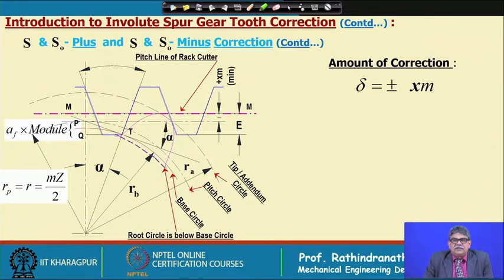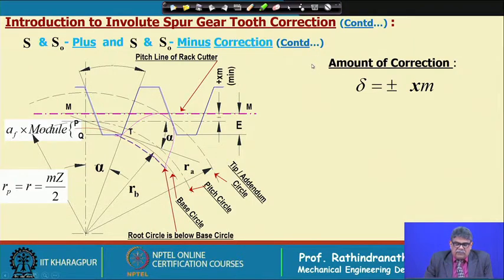To make the center distance a square value, the correction is provided. But mostly when the teeth number is small, in case of the pinion where there will be undercut, to avoid that undercut, teeth correction is essential.